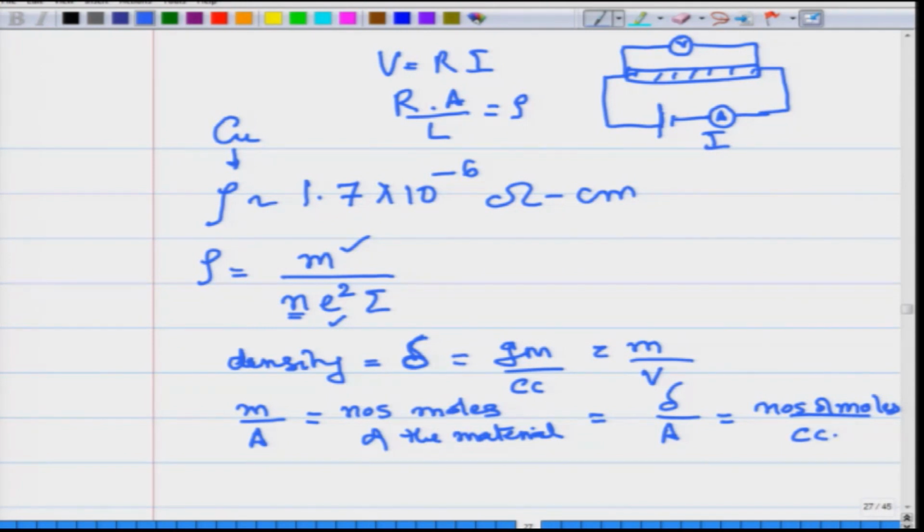And 1 mole contains 6.023 into 10 raised to power of 23 atoms. This is your well known Avogadro's number.